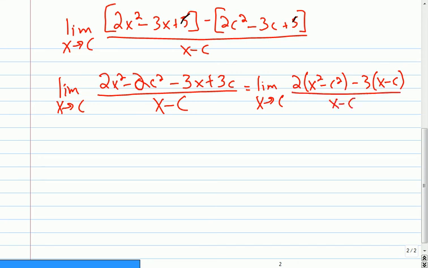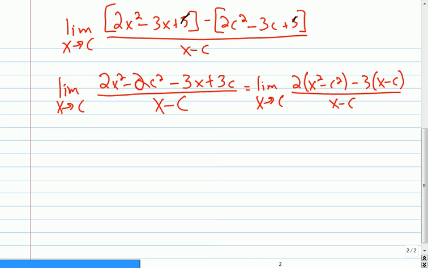So I can see that one of these pieces has an x minus c, which is good news. I have to figure out how to get it out of this last one. Any ideas? Sure, Jenny? Yeah, it's the difference of squares pattern, right?